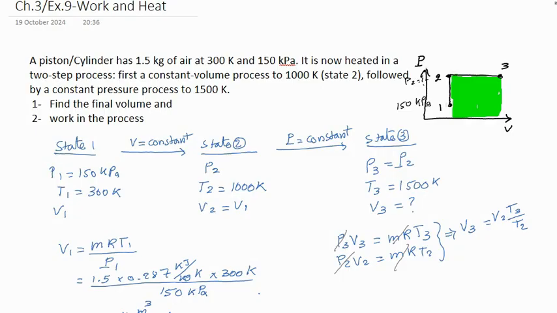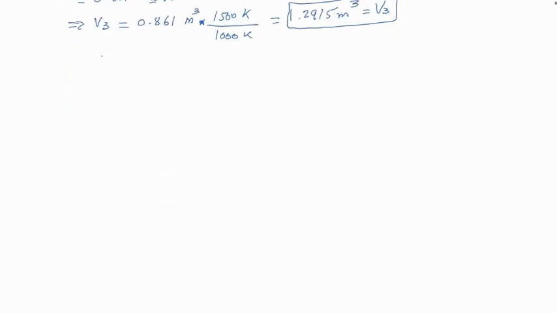Applying the same procedure, making the ratio of the ideal gases between state 2 and 1, we can find out P2.